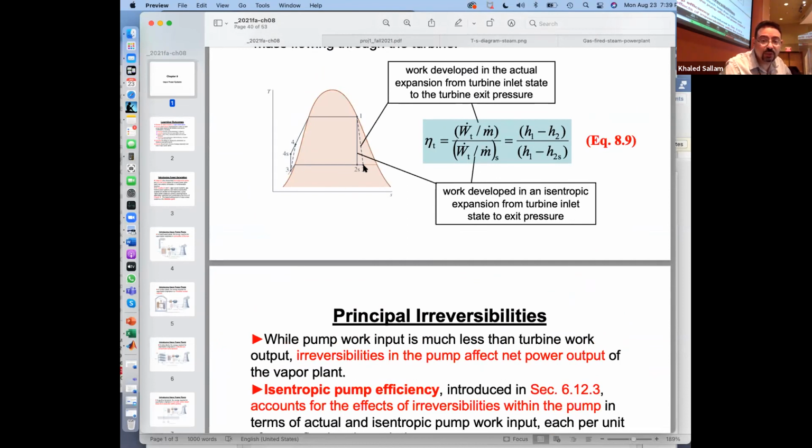It will change the position of 2. So rather than 2 here, 2 becomes here. So the work will be a little bit smaller and the Q rejected will be a little bit bigger. So you lose on both sides. You get less work and you get more Q rejected.